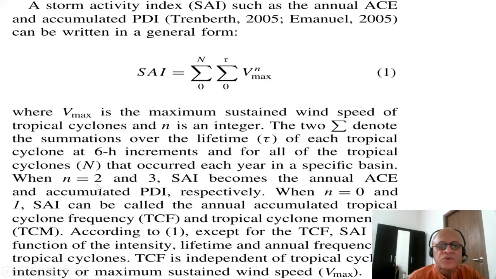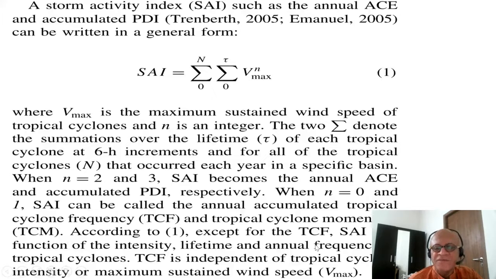When small n equals 2 and 3, SAI becomes the annual ACE and accumulated power dissipation index respectively. So they have basically created a common index based on all these various different formulations. When n equals 0 and 1, SAI can be called the annual accumulated tropical cyclone frequency, TCF, and tropical cyclone momentum.